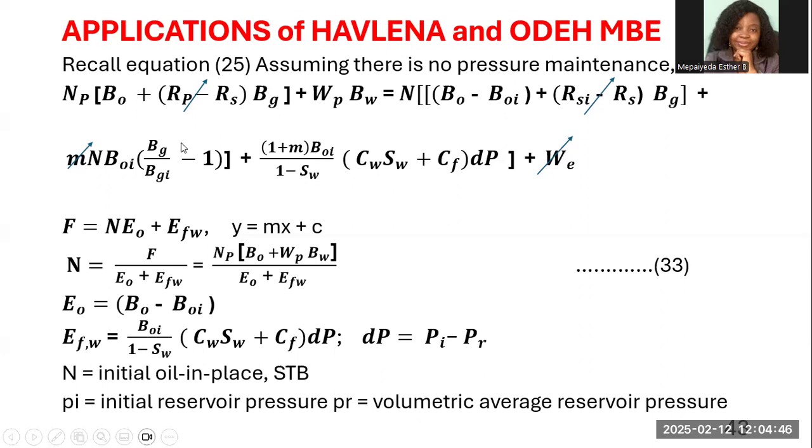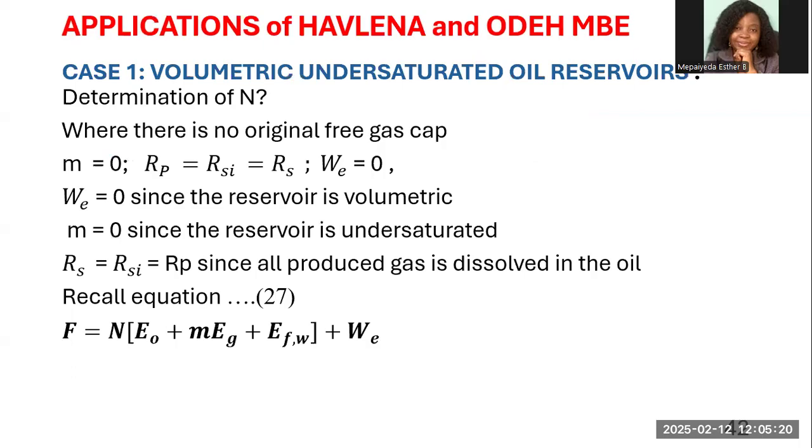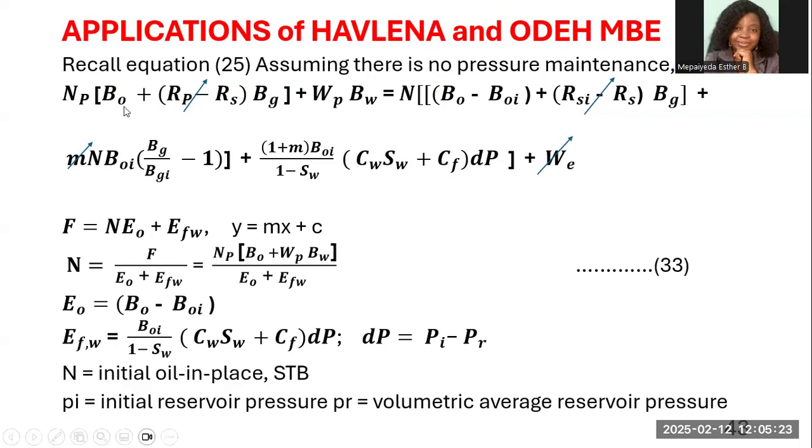Okay, so what do we have left? We have Np Bo, this has become 0. We have Wp Bw. Okay, we have N into Bo minus Boi, that's the Eo. And then we have our gas cap, which is equally 0.